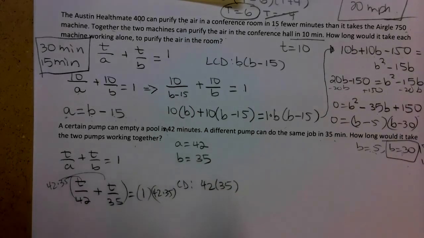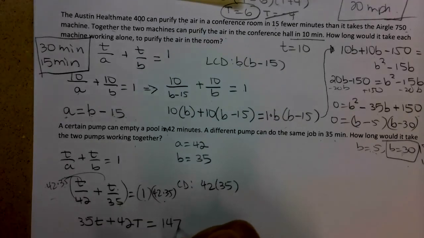So as it distributes on the left, the 42 cancels on the first one, 35t. When it multiplies the second one, the 35s cancel, so I get plus 42t. And on the right side, I just need to multiply those two together, so 42 times 35 is 1470.